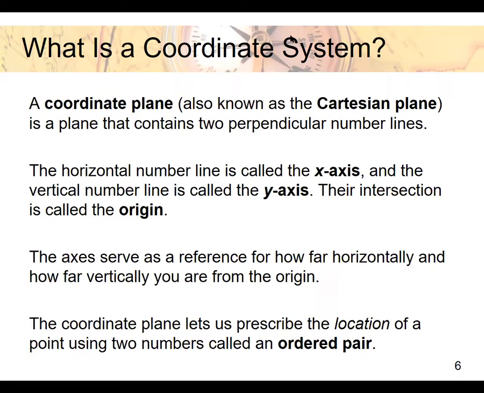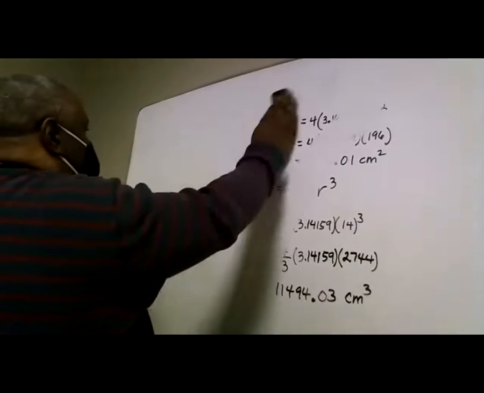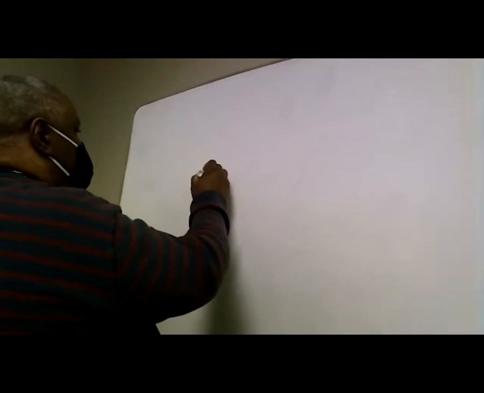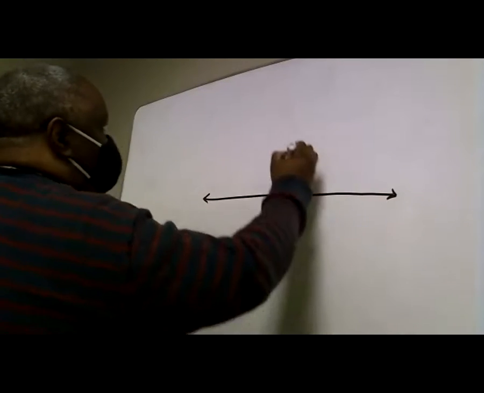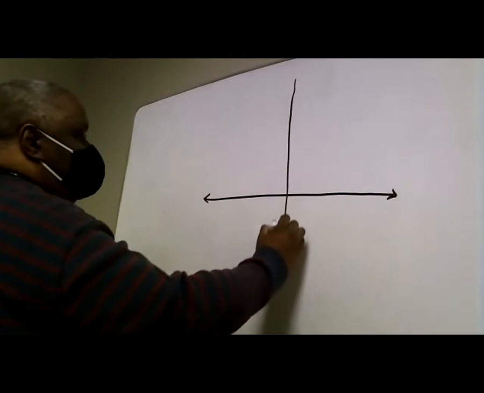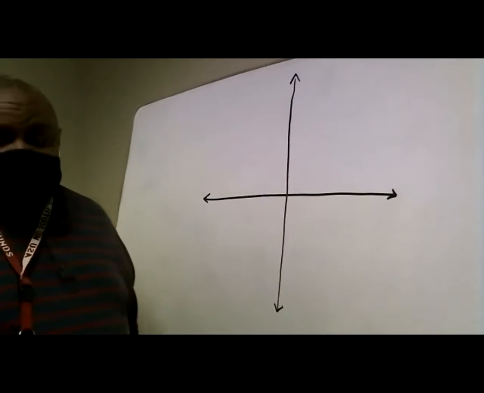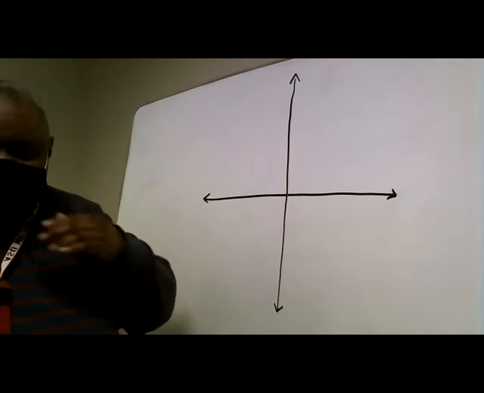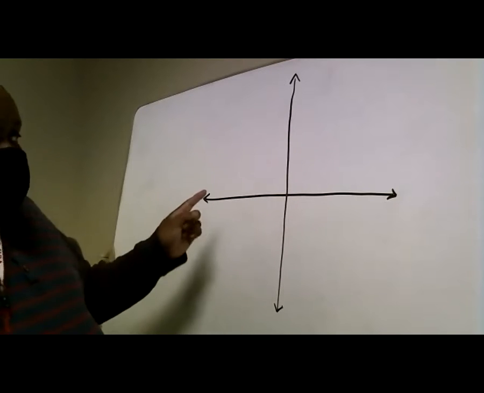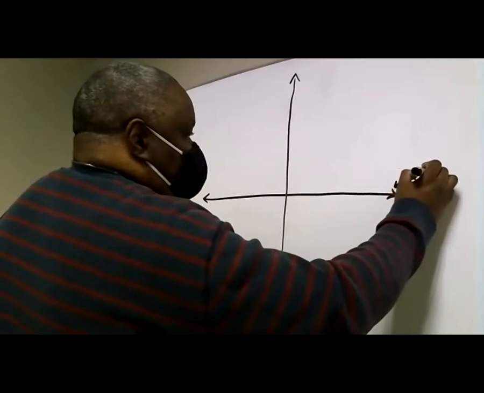So let me go here. I probably need to erase this and show you what a coordinate plane looks like. So here I've got two number lines, and they're perpendicular to each other. The horizontal number line that you see here, we call that the x-axis.